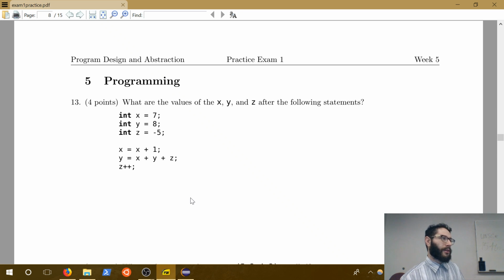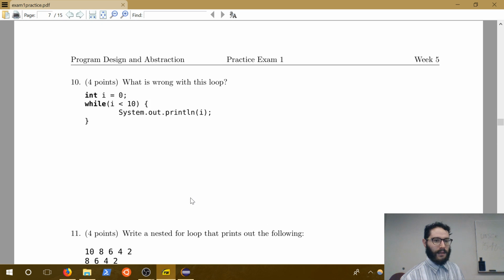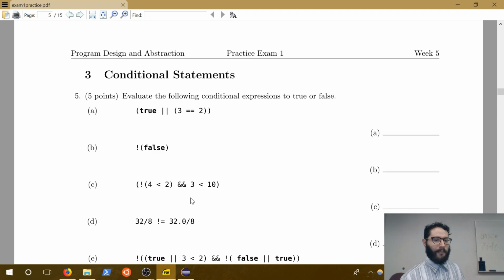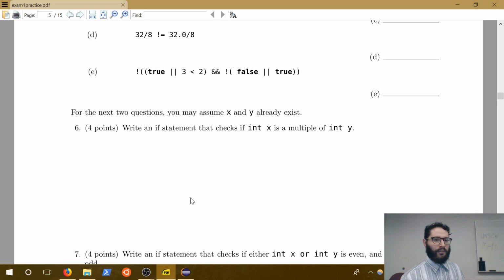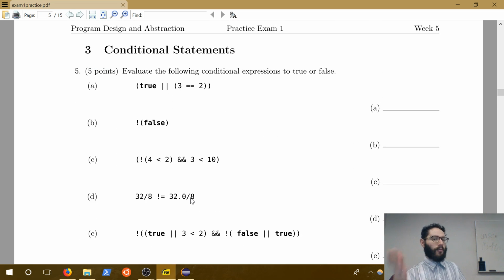The bulk of the points are in section 5. After this point, the questions start being worth more, because these are fairly easy to do, but at the same time, I want to ask a couple of them because I don't want you to make a stupid mistake on one of them and then lose 15 points, right? And again, these typically go from easy to hard.